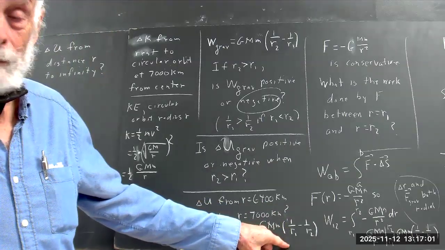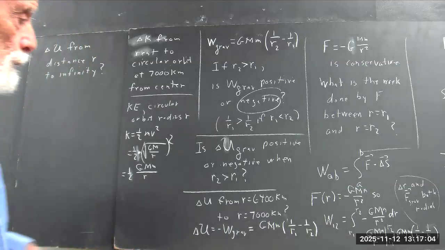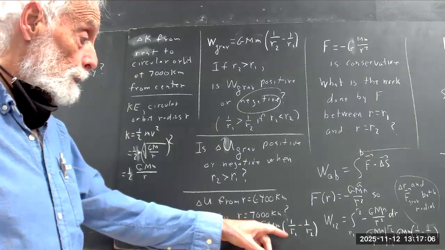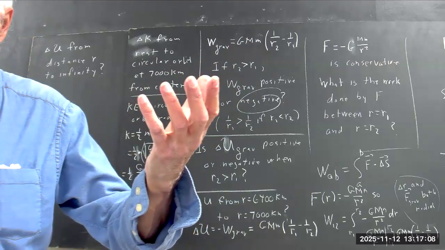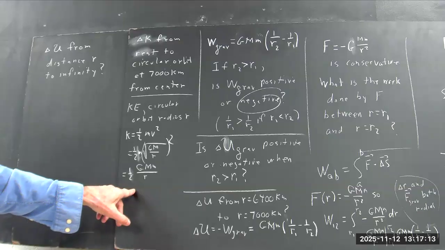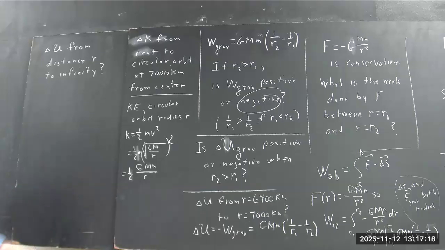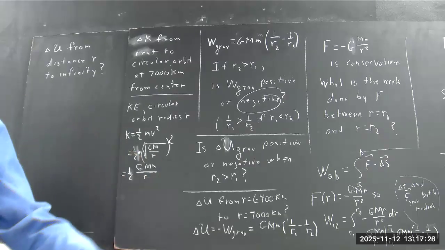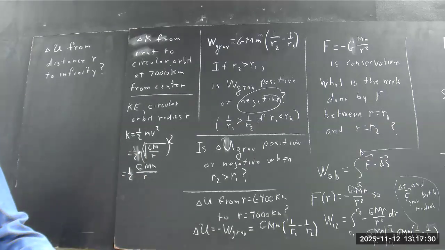So it's just going to be big G, big M, little m over r. How does that compare to this? This is half of what that would be, right? So your kinetic energy in a circular orbit is going to be half of the gravitational potential energy relative to infinity.